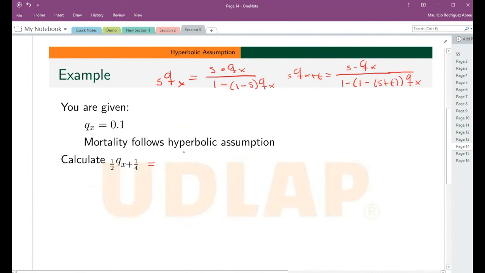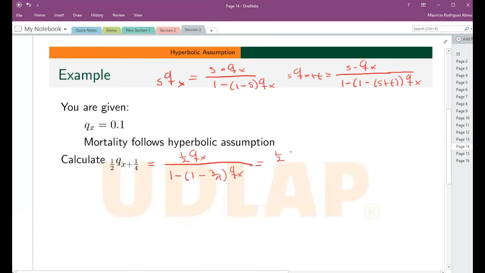Meaning that this will be 1/2 of qx, and then 1 minus 3/4 of qx, right?